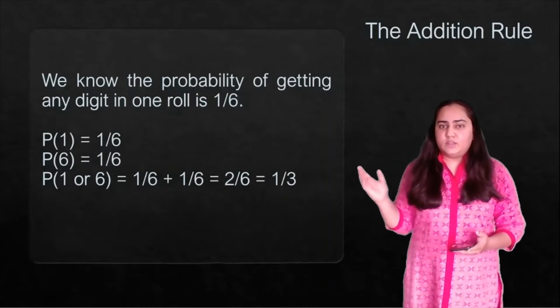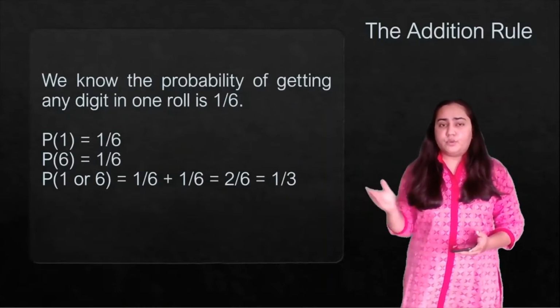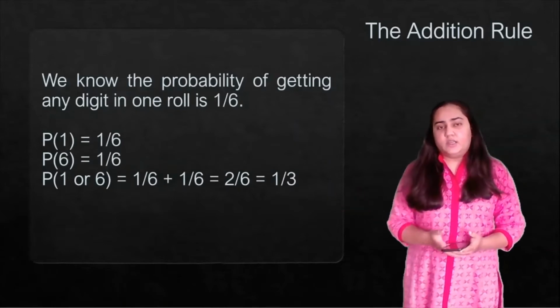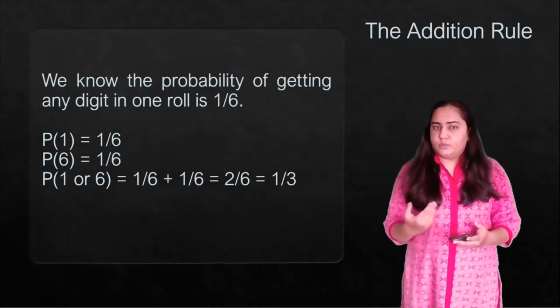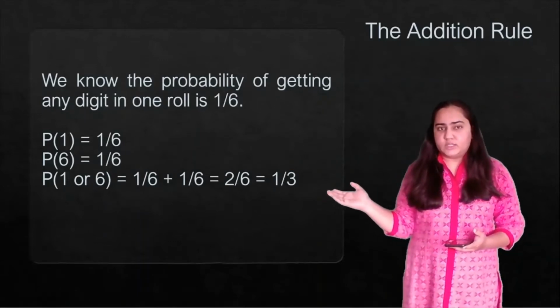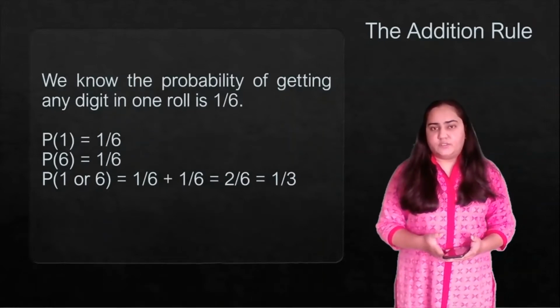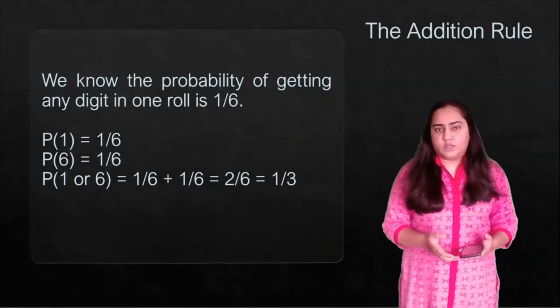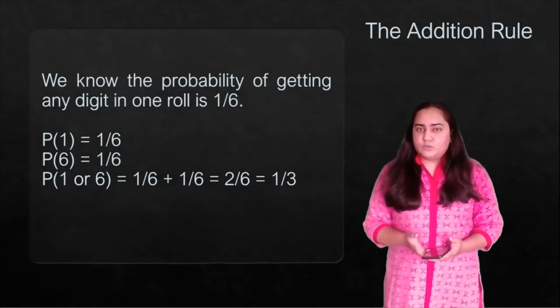So using that, probability of getting 1 is 1 by 6. Probability of getting 6 is also 1 by 6. Now our question was, what is the probability of getting 1 or 6? And this probability is going to be 1 by 6 plus 1 by 6, which gives you 2 by 6, and that can be 1 by 3. So this is the addition rule.